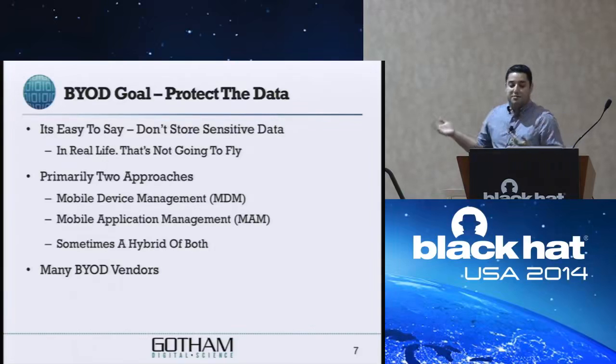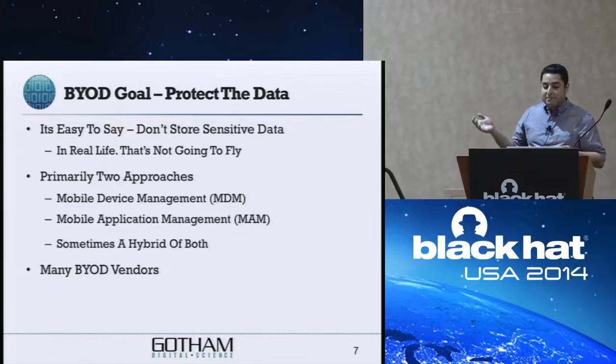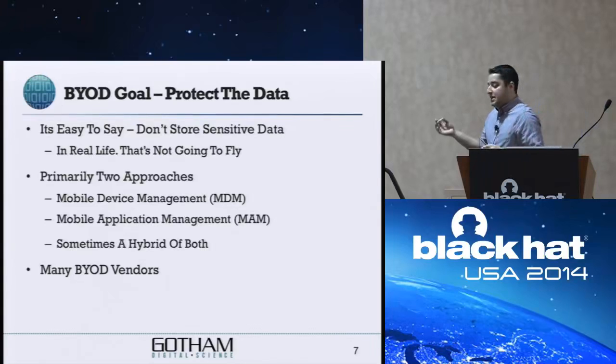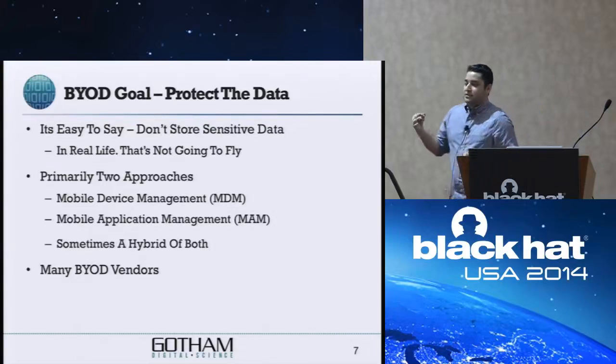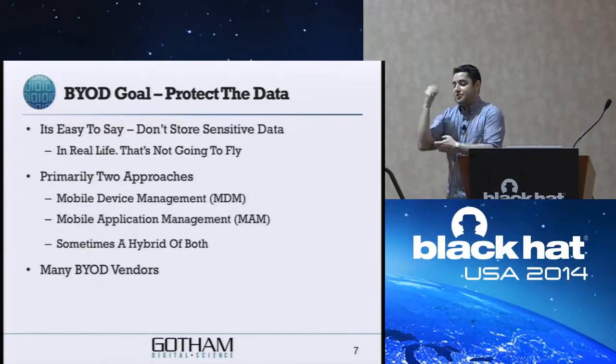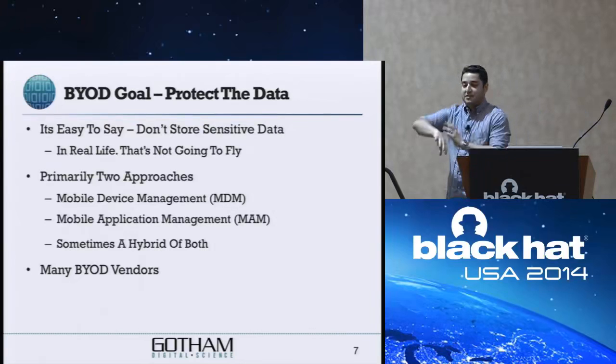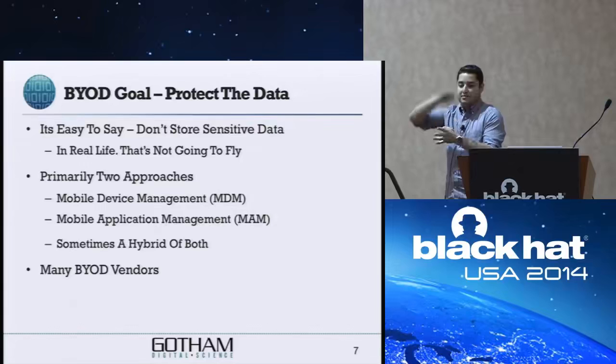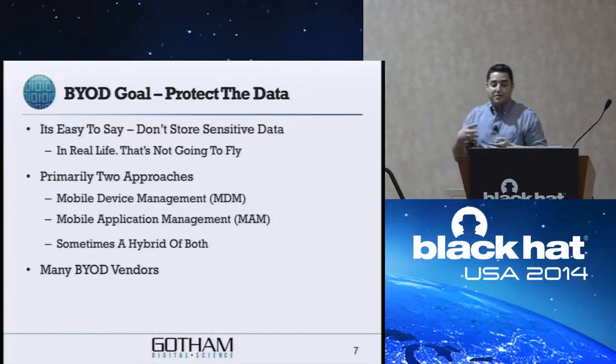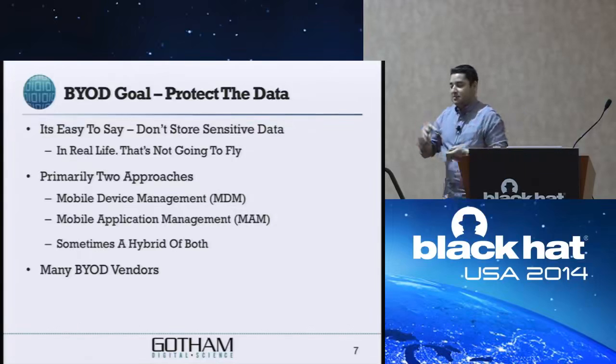And then there are the two approaches, MDM and MAM. With MDM, the goal is to manage the device at the OS, the device level. So if I'm going to be setting policies, it's going to be at the device level.